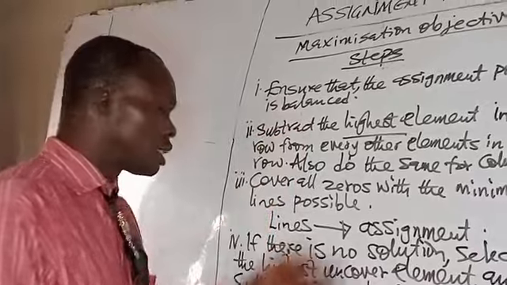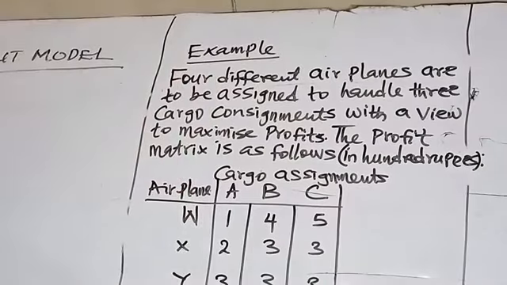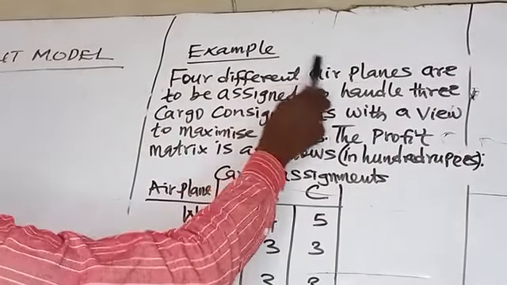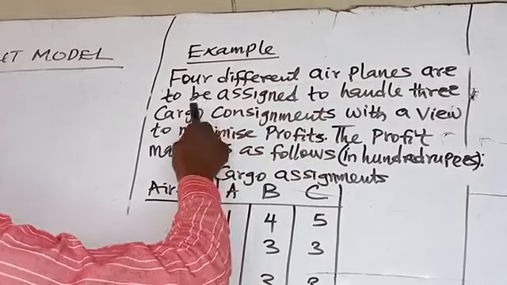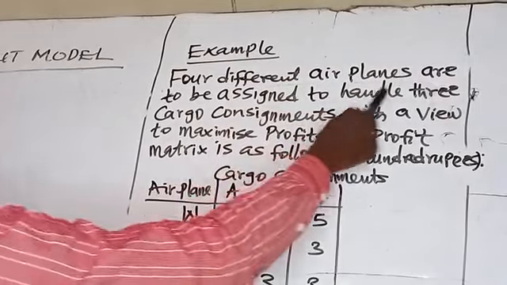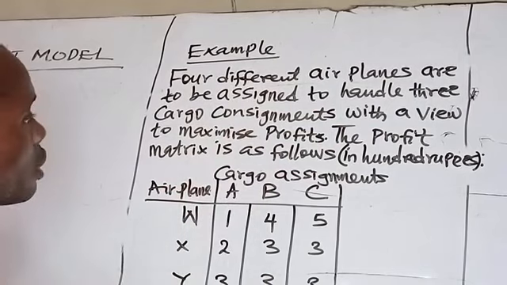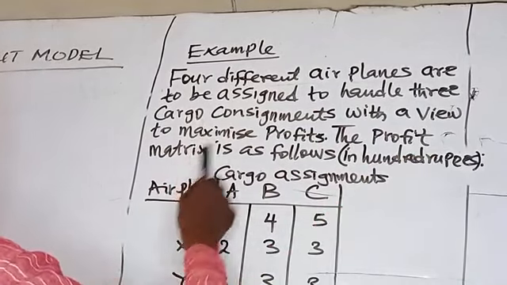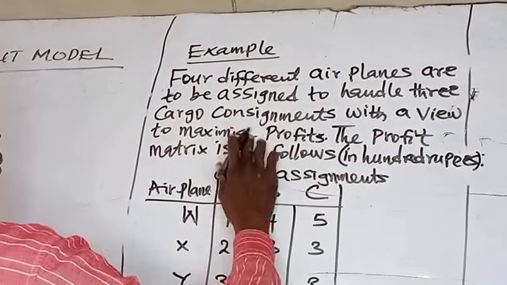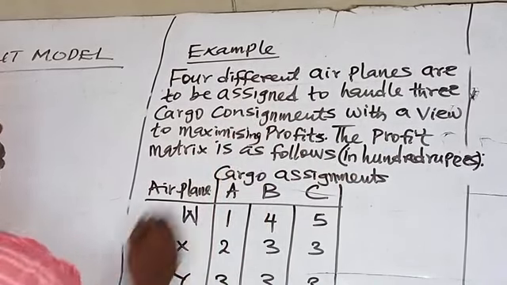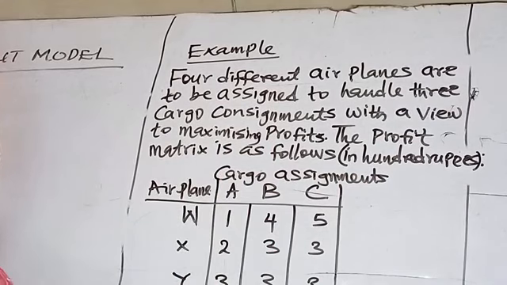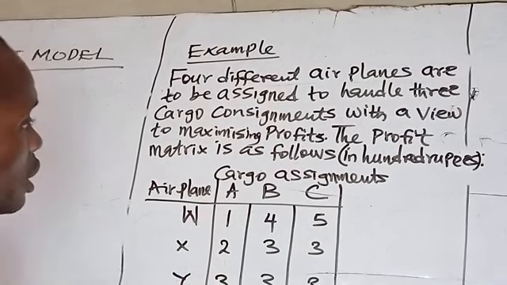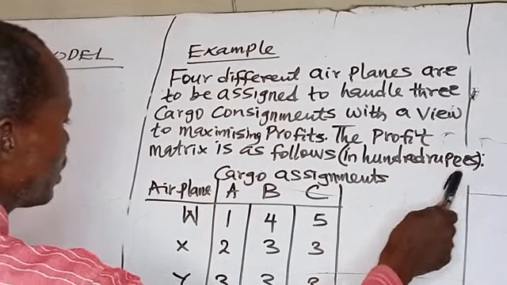These are the steps. Example: 4 different airplanes are to be assigned to handle 3 cargo consignments with a view to maximizing profits. The profit matrix is as follows, in 100 rupees.